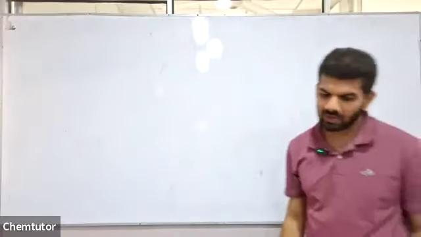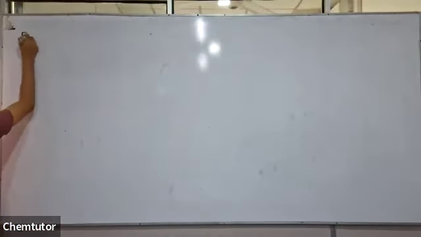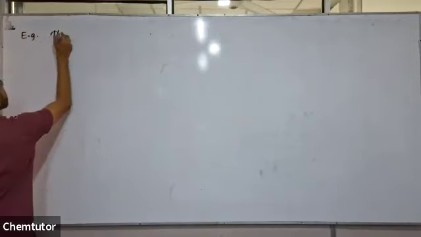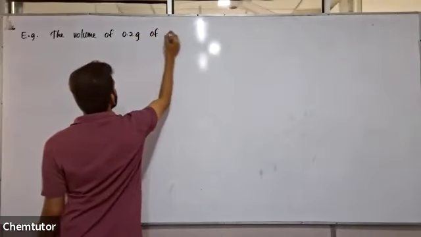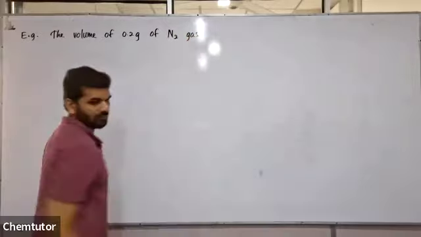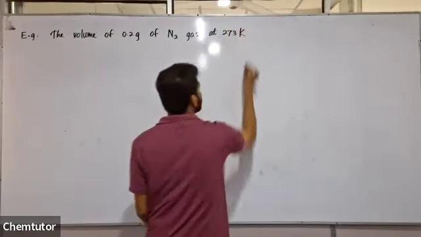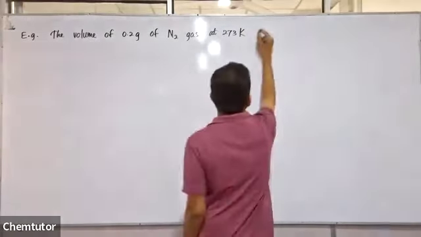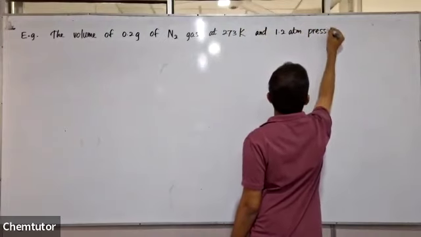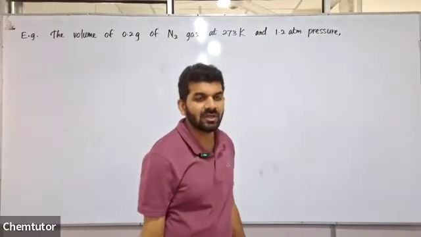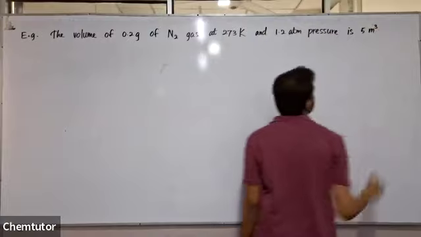You can note down: the volume of 0.2 grams of nitrogen gas at 273 Kelvin and 1.2 atm pressure is 5 cubic meters.